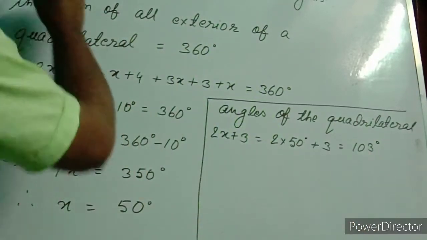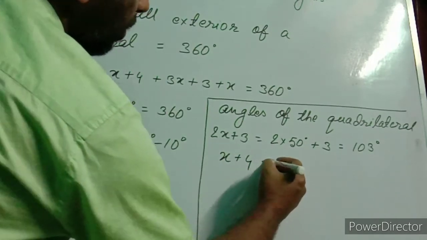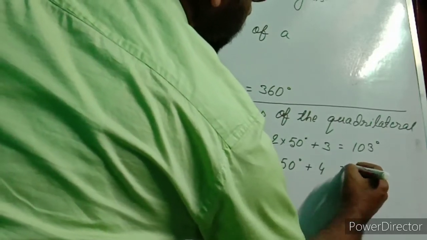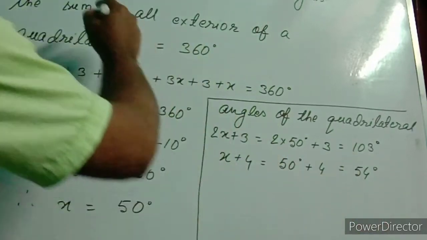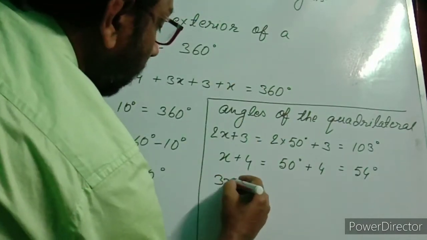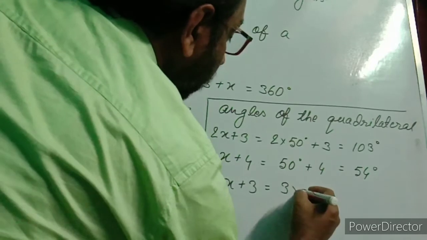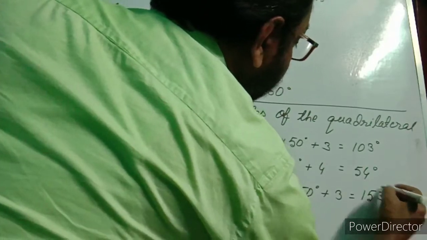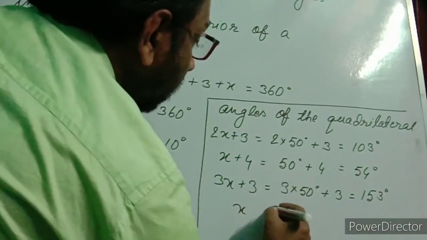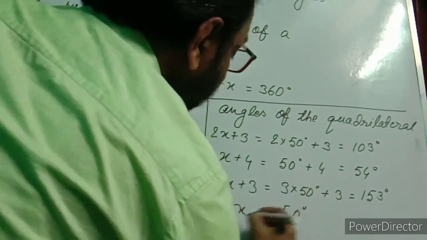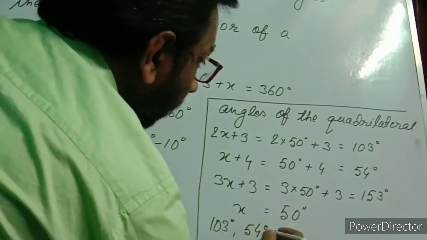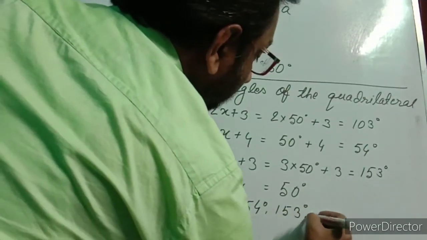Second is x plus 4, that is 50 degree plus 4 degree equal to 54 degree. Third is 3x plus 3 equal to 3 into 50 degree plus 3 equal to 153 degree. And the last is x, that is equal to 50 degree. So the angles became 103 degree, 54 degree, 153 degree and 50 degree. This is the answer.